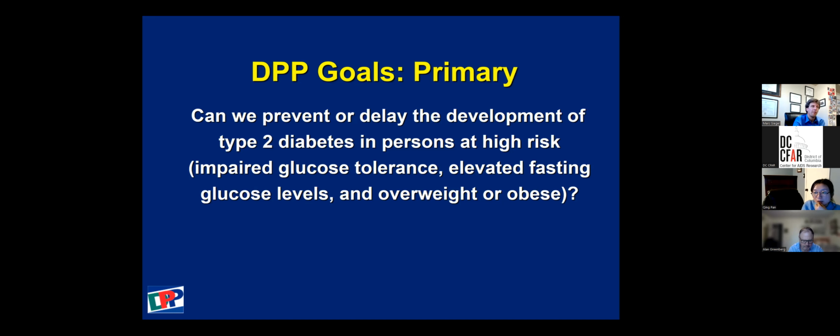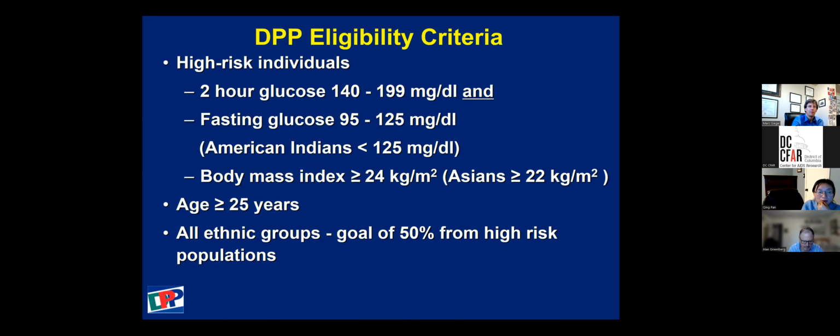So that's our target population. It's people at high risk. And the way we define the enrollment criteria for the high risk population, back then, in the 90s, we didn't use HbA1c, so we used the fasting glucose. The 2-hour glucose is between 140 and 199.